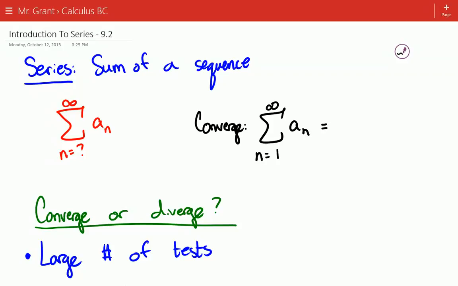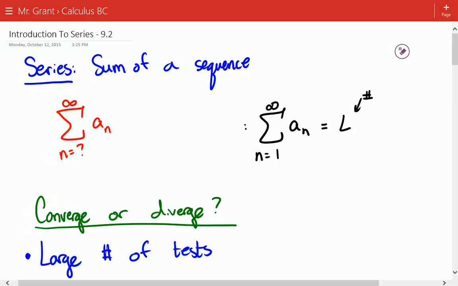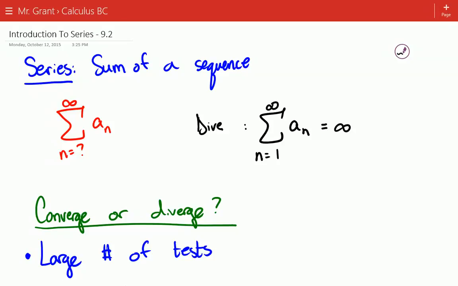And if we add all those up and it converges to an actual number, we usually use L as a number, then we say it converges. However, if when we add all of that up, it equals infinity, or it doesn't actually equal a number, then we say it diverges.